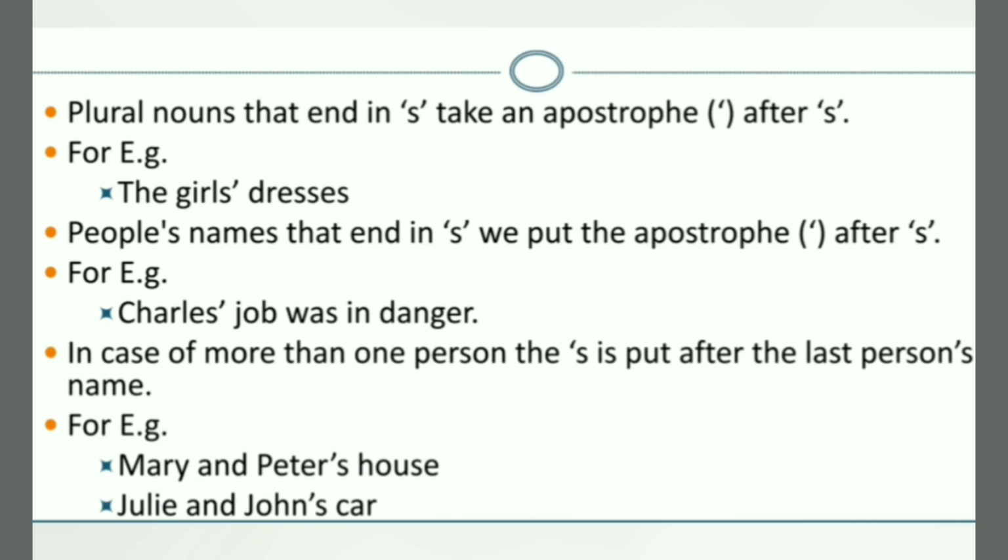In the case of more than one person, the apostrophe S is put after the last person's name. For example, Mary and Peter's house, or Julie and John's car.